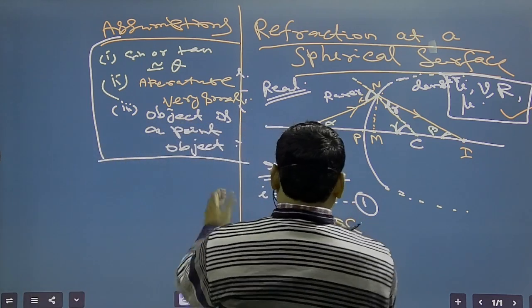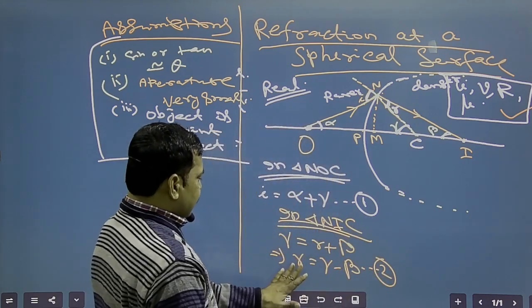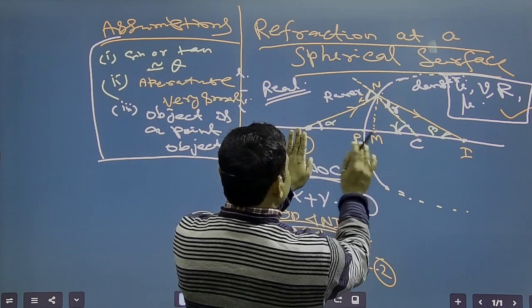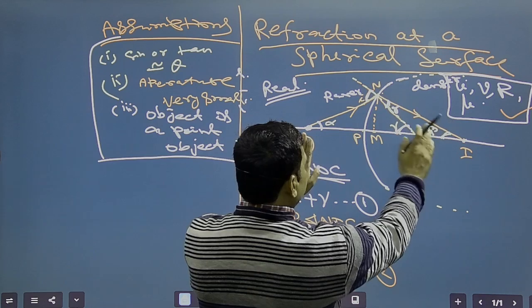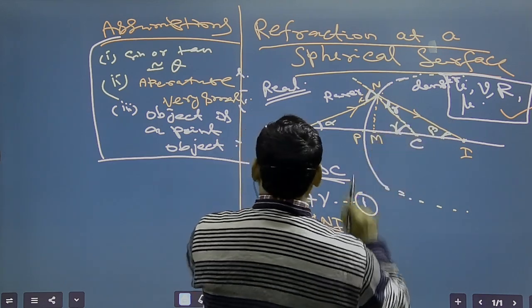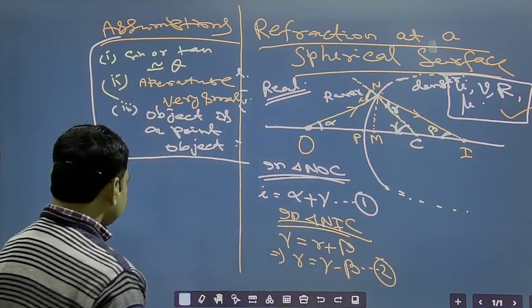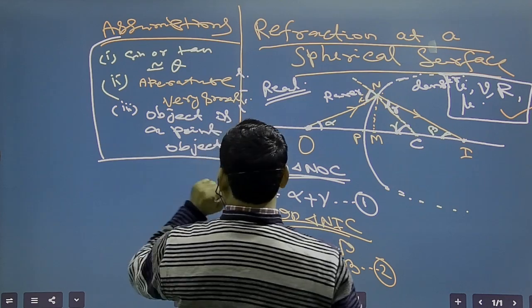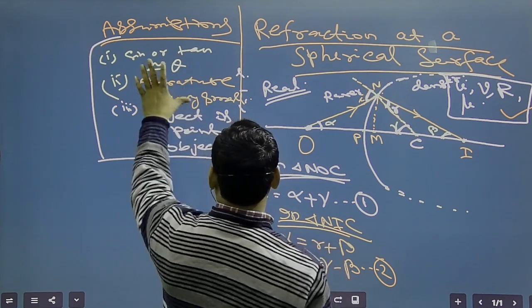So now after finding the value of I and R, we have to find out the value of each angle like your alpha, beta, gamma. Here we will be using the first assumption and the third assumption. This is the point object, the aperture is very small, and sin theta equals tan theta.